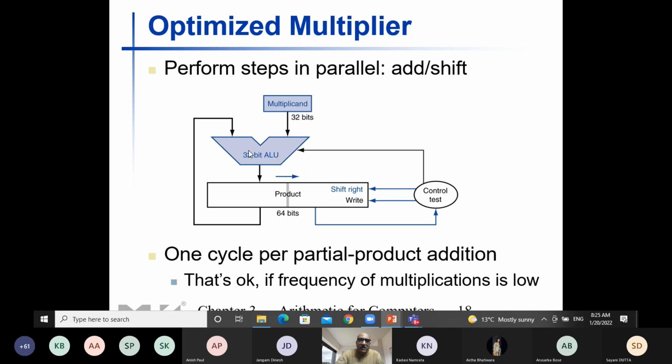Because what we are doing here, based on the multiplier digit, is adding the multiplicand to the intermediate results one by one.